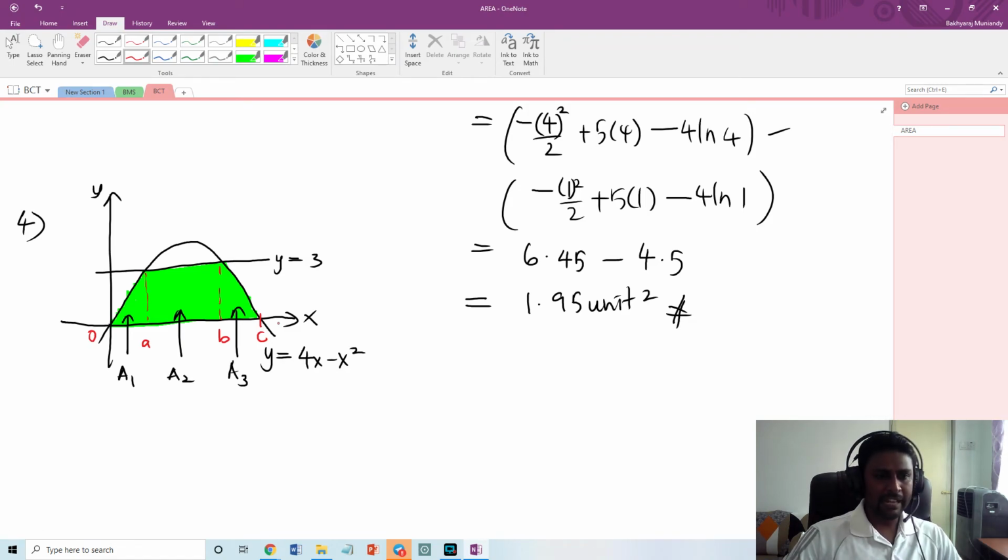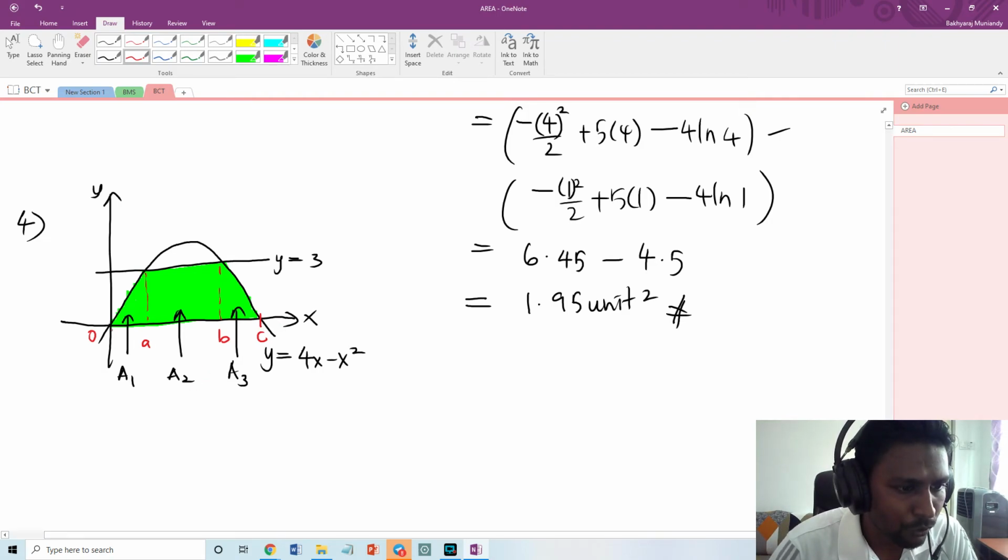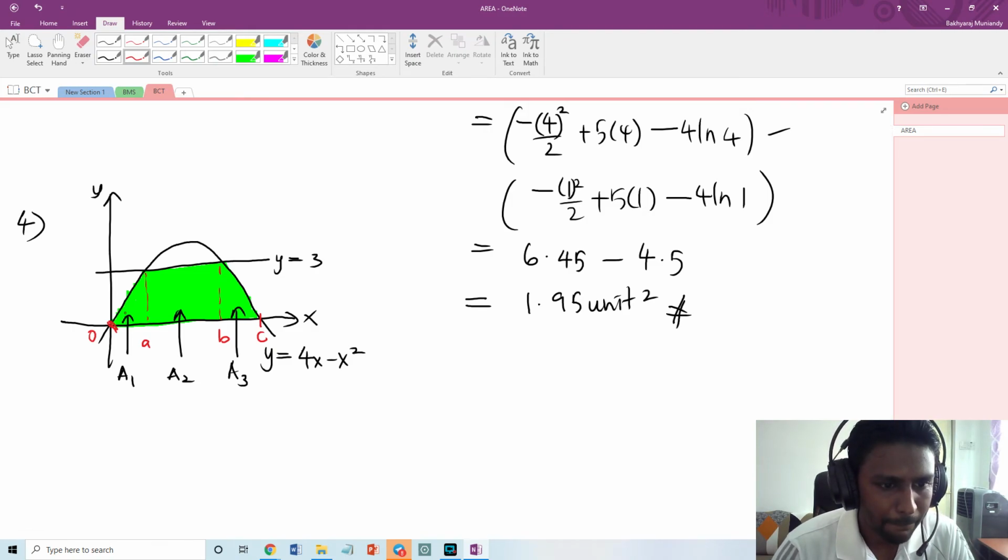Is it okay with the diagram? One thing, we have origin 0 here. We have another, C, here.